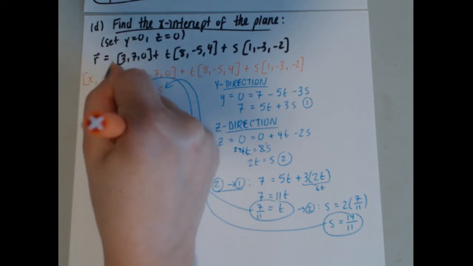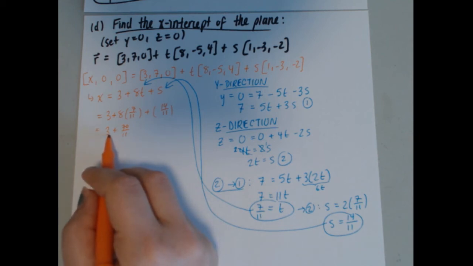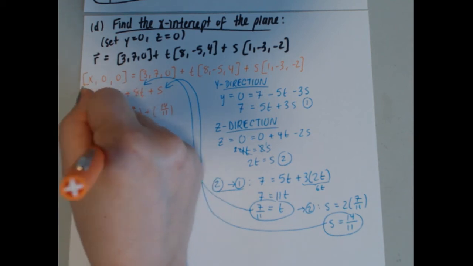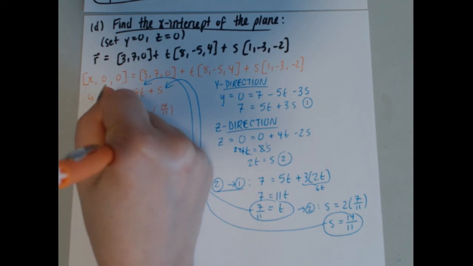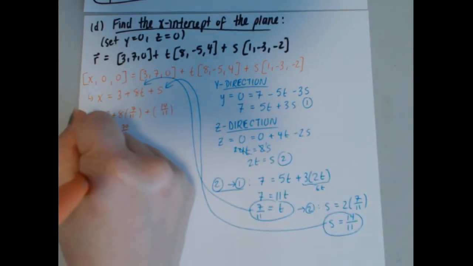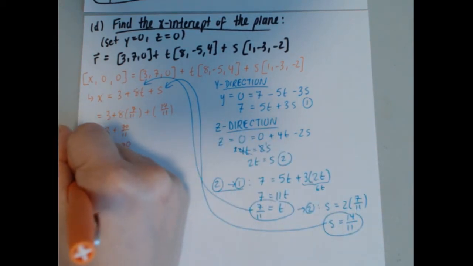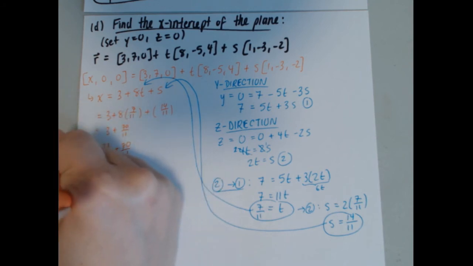So I have 3 plus 70 over 11. I have to get a common denominator here, so that's going to be 33 over 11 plus 70 over 11, which is 103 over 11. That is the x-intercept of the plane.